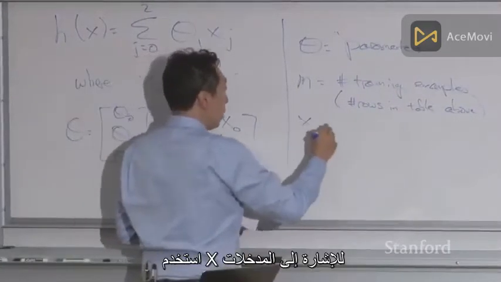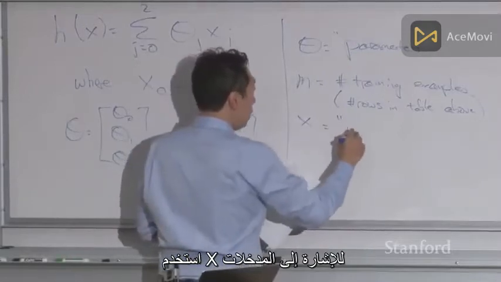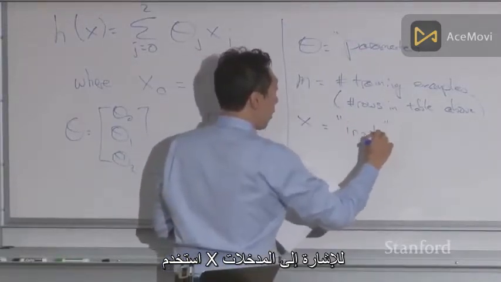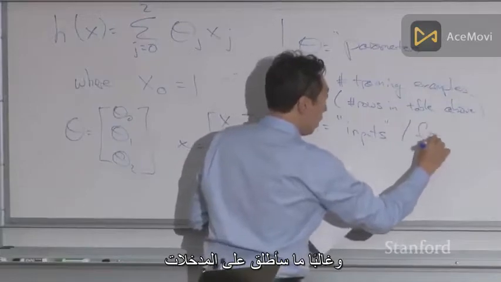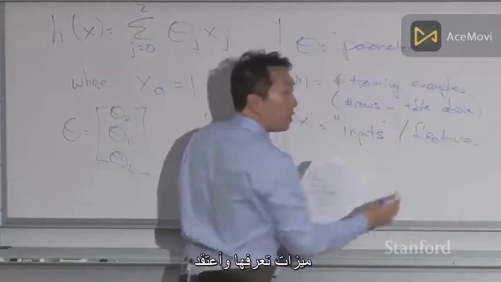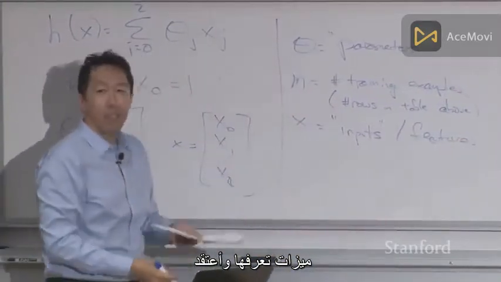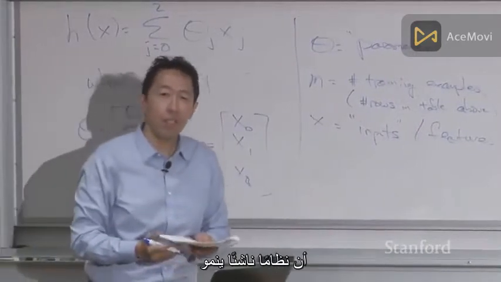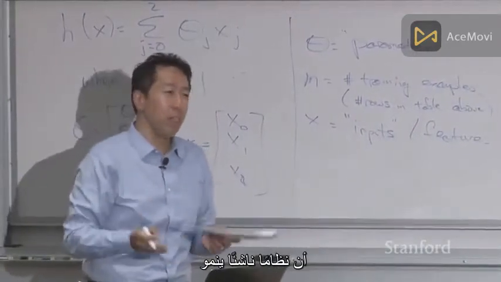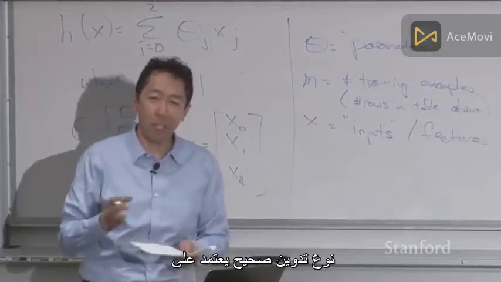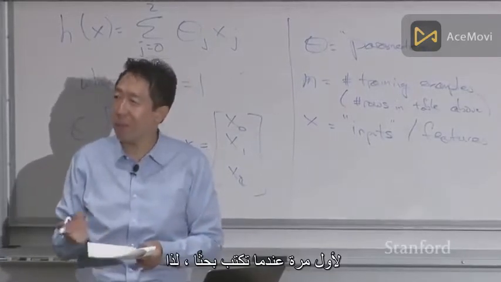You've already seen me use x to denote the inputs, and often the inputs are called features. I think as an emerging discipline grows up, right, notation kind of emerges depending on what different scientists use for the first time when they write a paper.